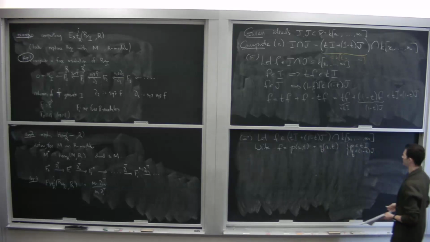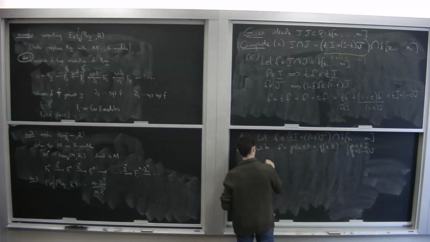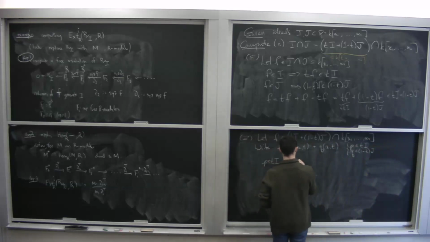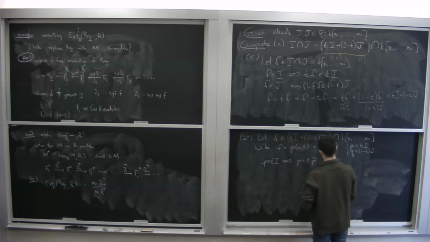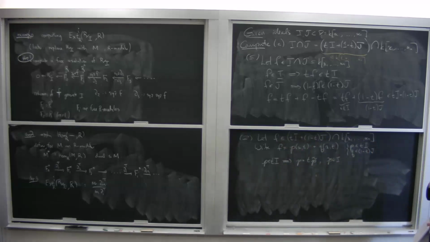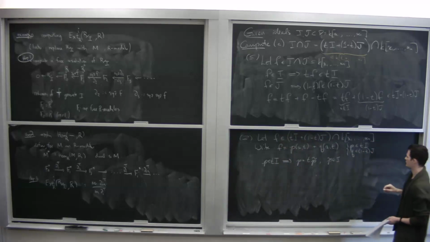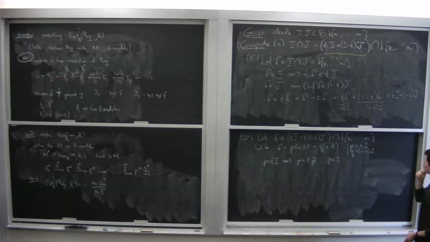Because p is in tI, it's really of the form t times something else, p tilde, where p tilde is in I. That's not quite true, because it could be combinations of the generators of I with t's in.